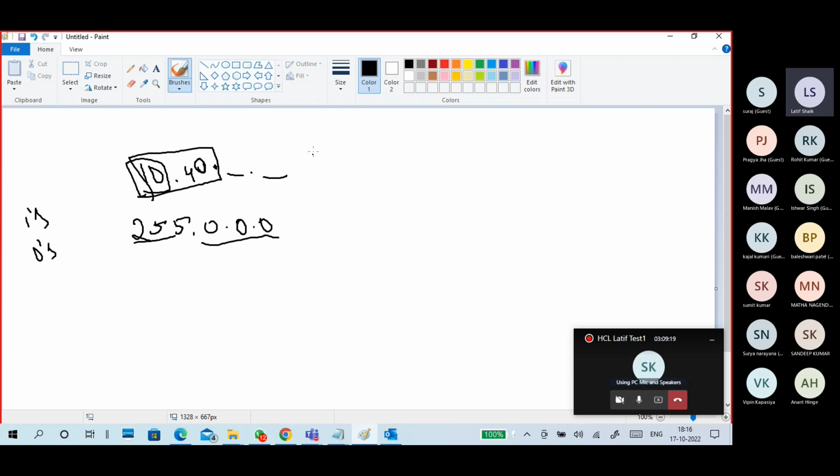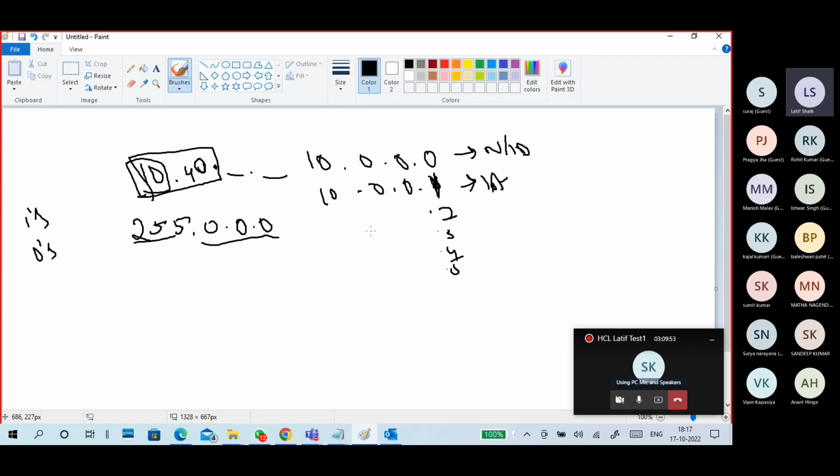For example, take the 10 network. 10.0.0.0 is the network ID, the starting address. Then 10.0.0.1 is the first IP address. From here, you can give addresses to devices like your computers: 3, 4, 5.